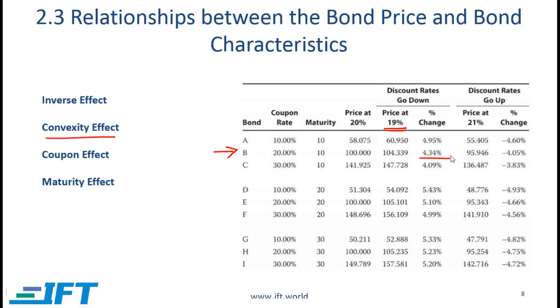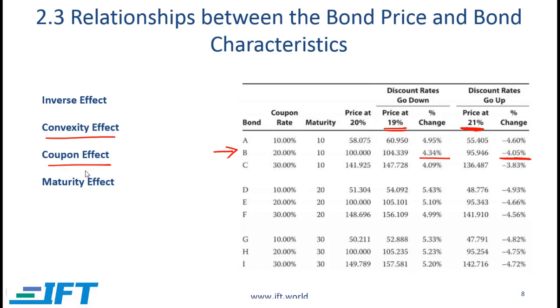But when the market rate goes up by 1% to 21%, then the decrease in price is 4.05%. This decrease is less than the increase, and the difference leads to what is called the convexity effect. Again, I will show this graphically on the next slide.